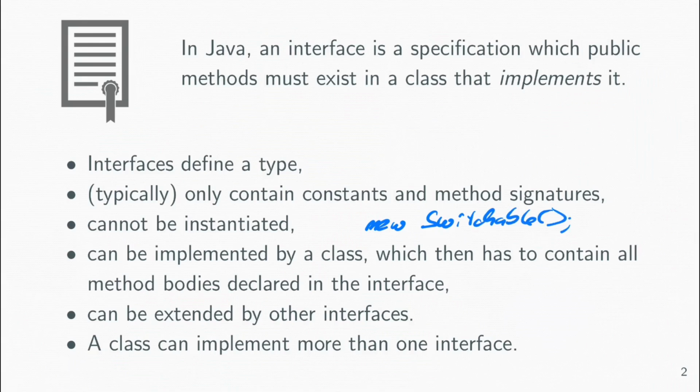An interface can instead be implemented by a class, which then has to provide method bodies for all the methods which are declared in the interface itself. And interfaces can extend other interfaces. Finally, a class can implement one or more interfaces. I will give you an example for each of the two bottom points just now.